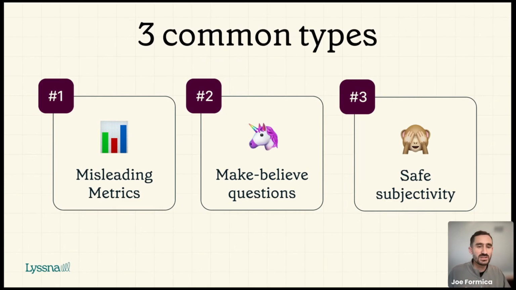Or the next time you have a stakeholder meeting and everyone starts chiming in and you can see it getting watered down a little bit, you can, I don't know, pull up these slides or a recording or cite some of these examples here and steer everyone in the right direction towards a study that is going to get you the answers that you're looking for or that you need. Maybe not what you're looking for, but what you need. All right, so we got our 3 common types: misleading metrics, make-believe questions, and safe subjectivity.